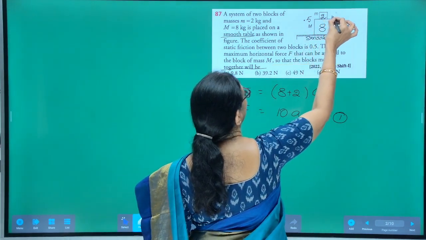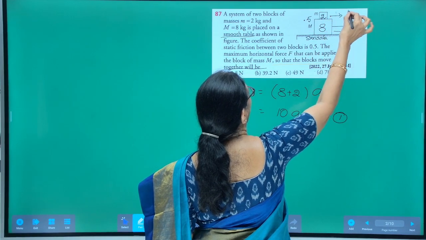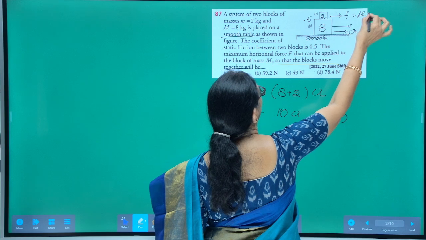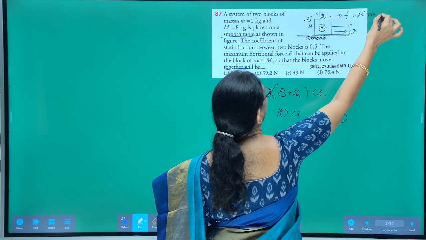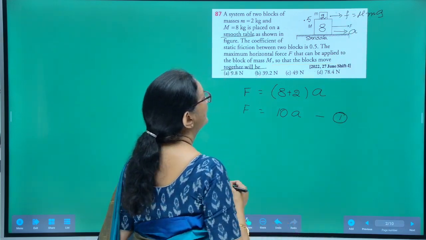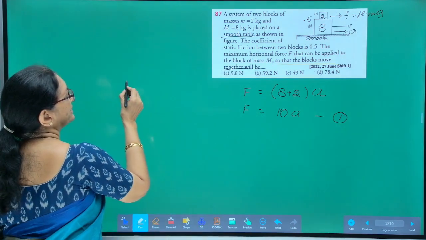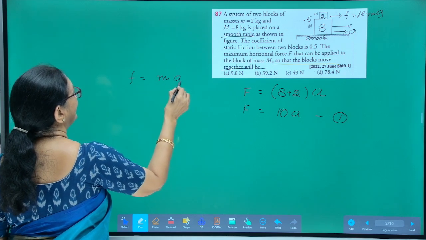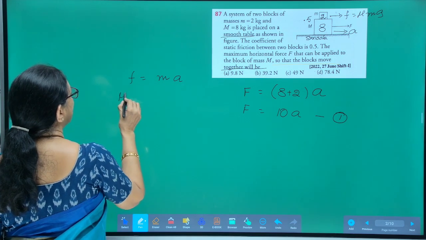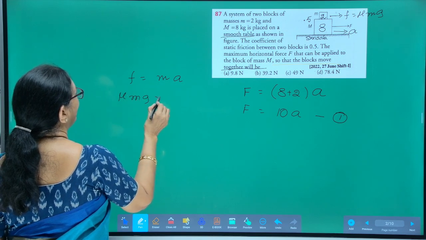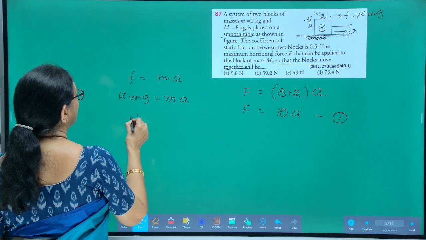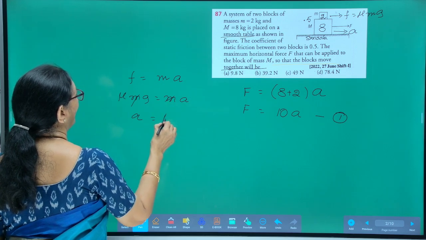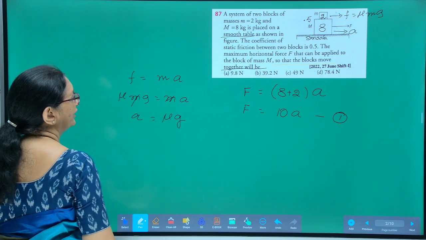See here, the frictional force acting on the upper block is equal to mu mass of that block into G. So, here frictional force creates acceleration in that block which implies mu mg is equal to ma.